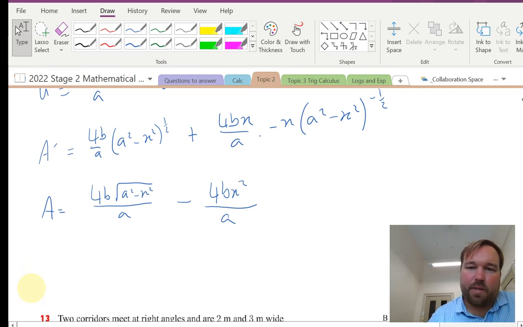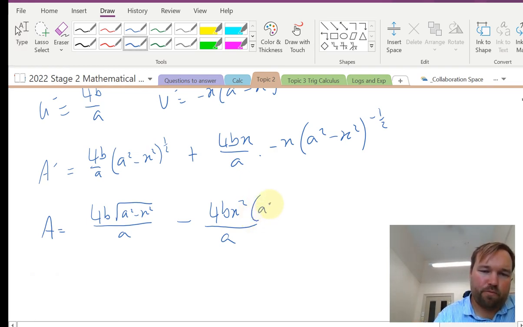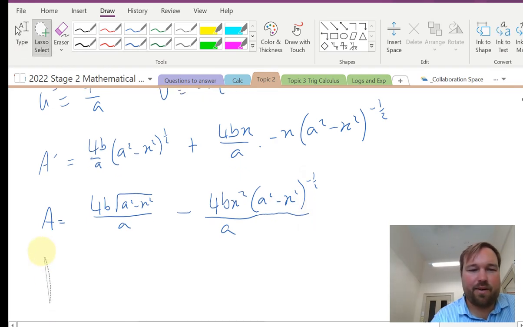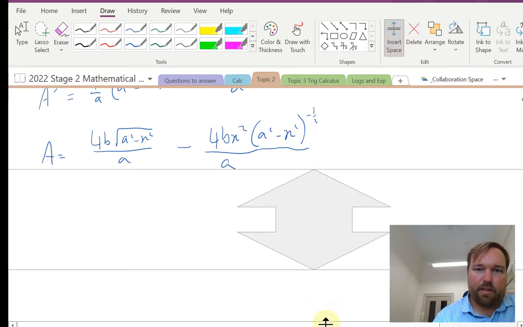Now I can either express this part as the top or as the bottom. And I actually think I want to keep it on the top with a minus a half. The reason I want to do that is now I have a common denominator. And everything's better with a common denominator, right?